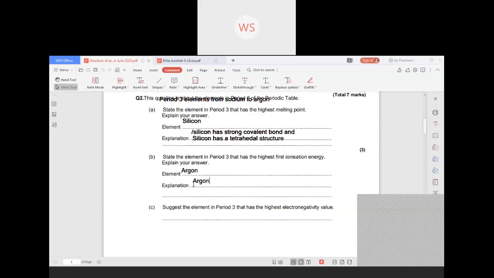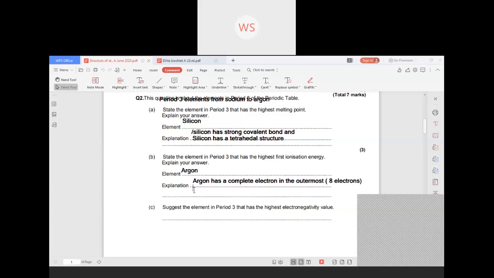Argon has a complete outermost shell, it has 8 electrons.